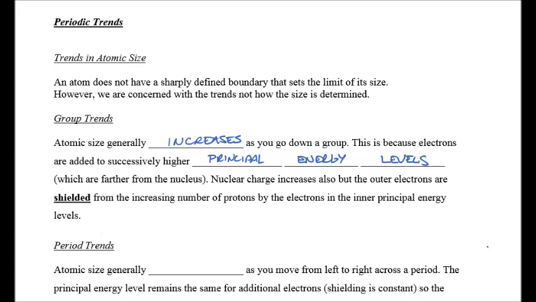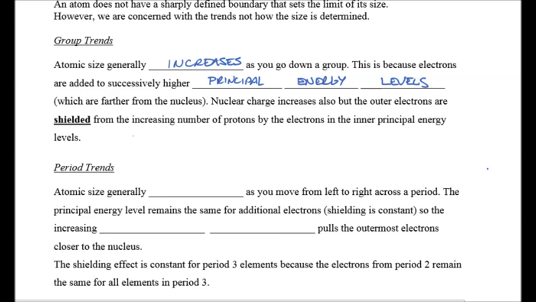But these outer electrons are so far away that the size of the atom keeps increasing. So if we look at lithium with electron configurations, it is 2-1. Sodium is 2-8-1, and potassium is 2-8-8-1. So we see we're just getting larger as we go down the group.